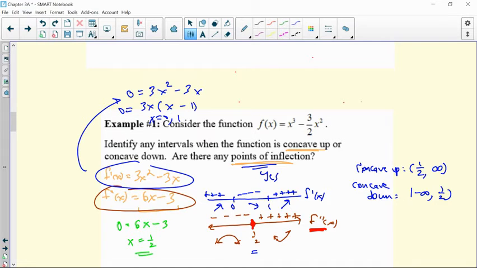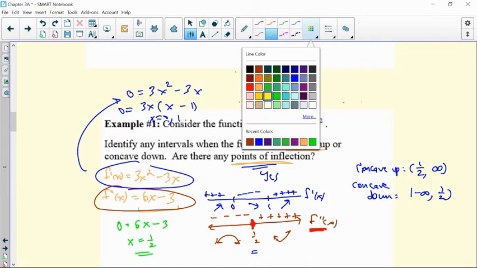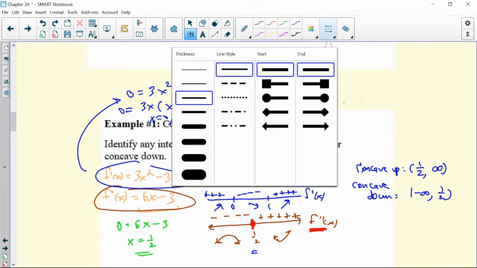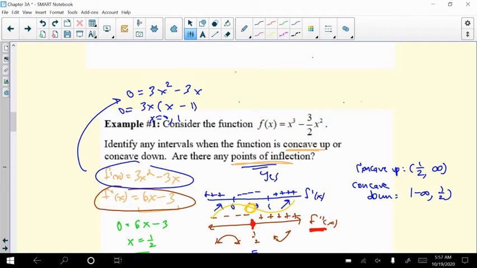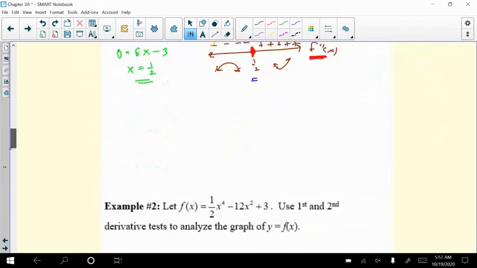So even without this concavity test, you can almost see what the concavity has to be, right? Just by the nature of how you're changing from increasing to decreasing to increasing. So at some moment in time, look at that, there had to have been a point of inflection. So again, this second derivative test just helps us get a picture of what's happening with this particular function.